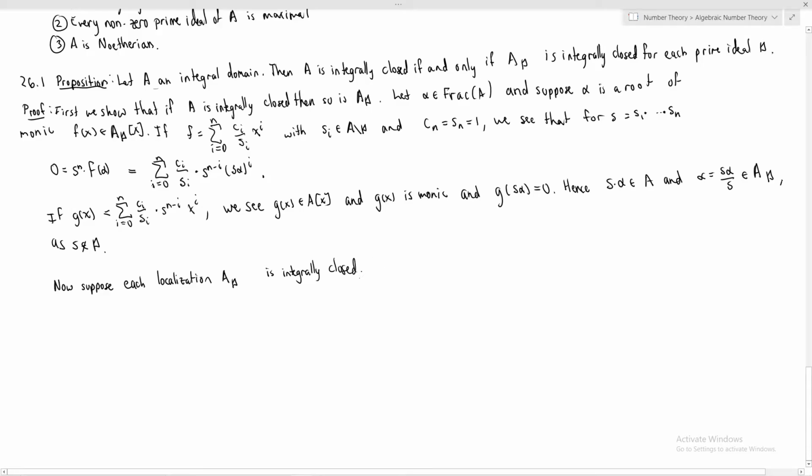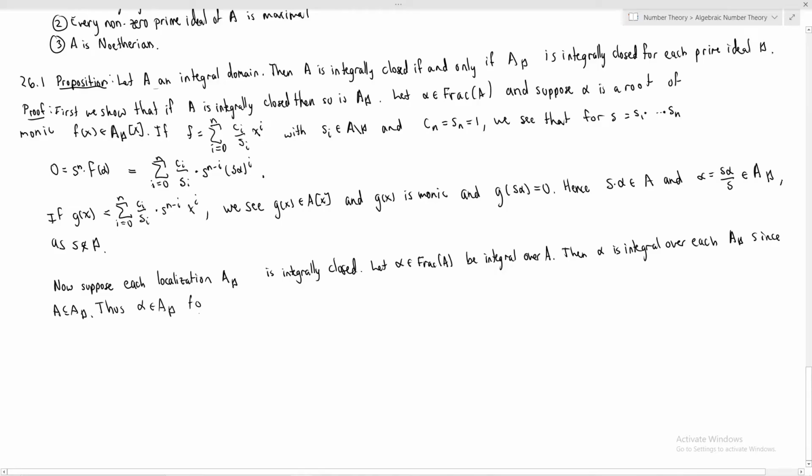Okay, so now we're going to show that, given alpha in Frac A, let alpha be integral over A. Well, then necessarily it's integral over each A sub p, since A is contained in A_p. Thus, alpha is contained in A_p.